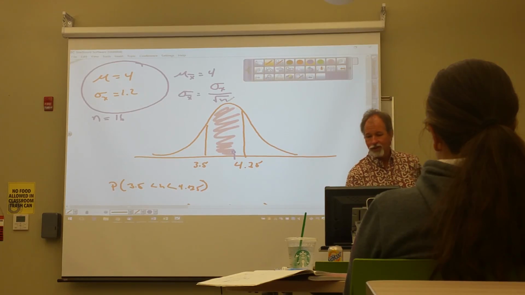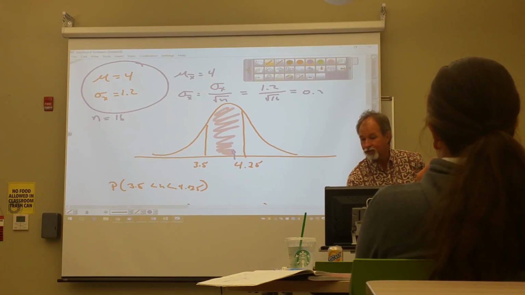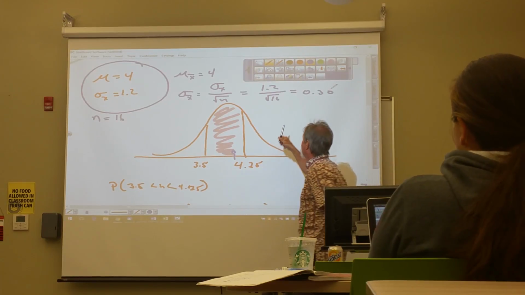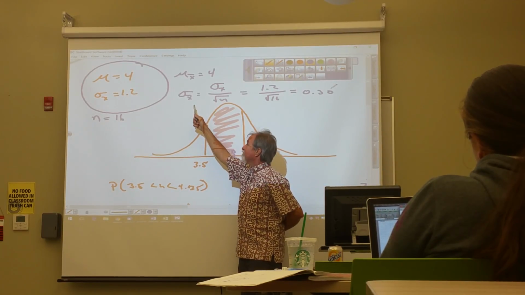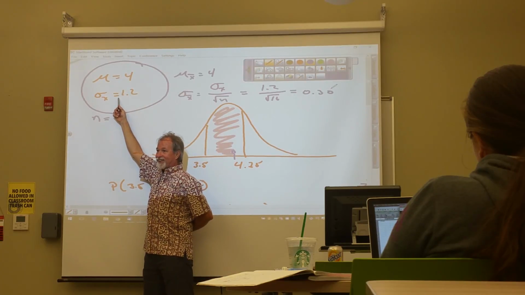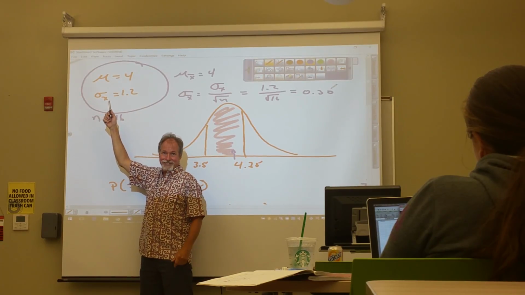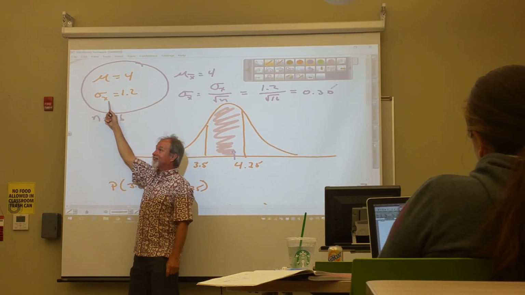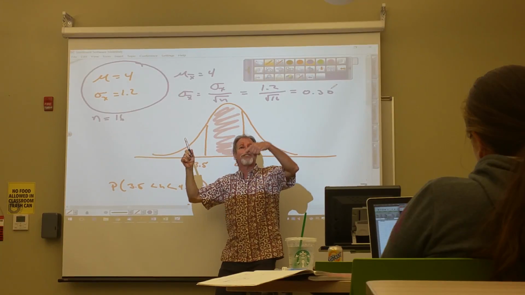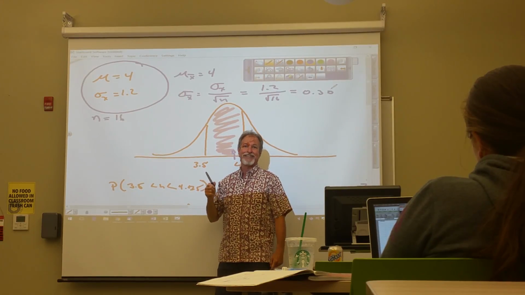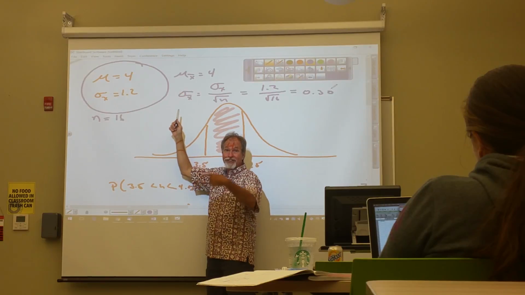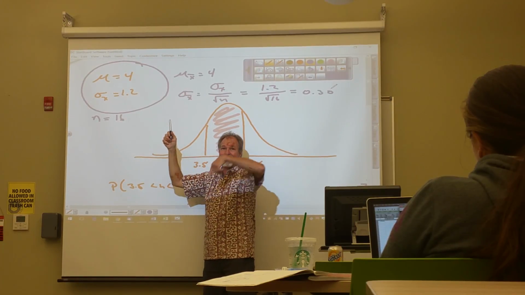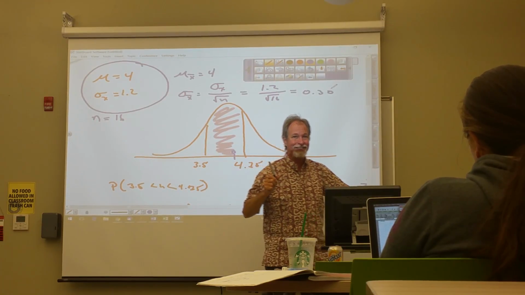So in this case, it's 1.2 divided by the square root of 16, which is your 0.30. You have to be aware where this comes from, because I've got 2 standard deviations, right? Which one do I use? That's the standard deviation of the population X. This is the standard deviation of the sample means. X bar is the mean, right? This is the standard deviation of the sample means.